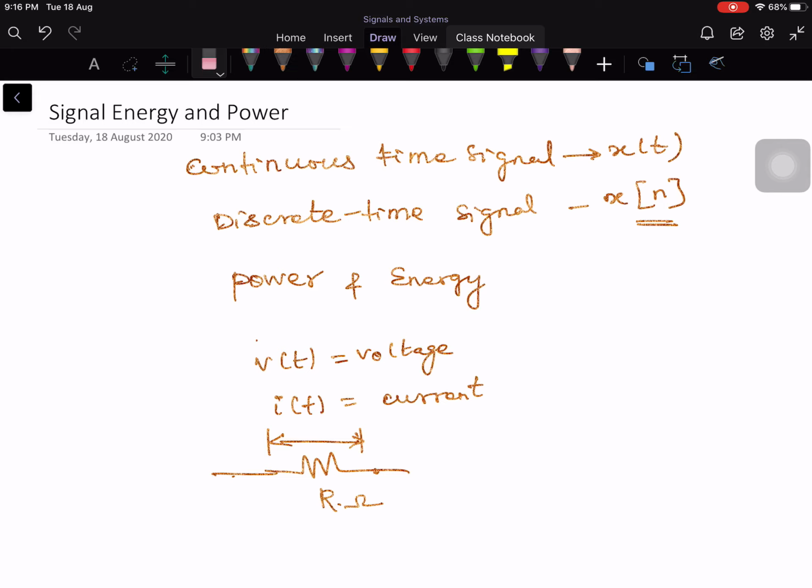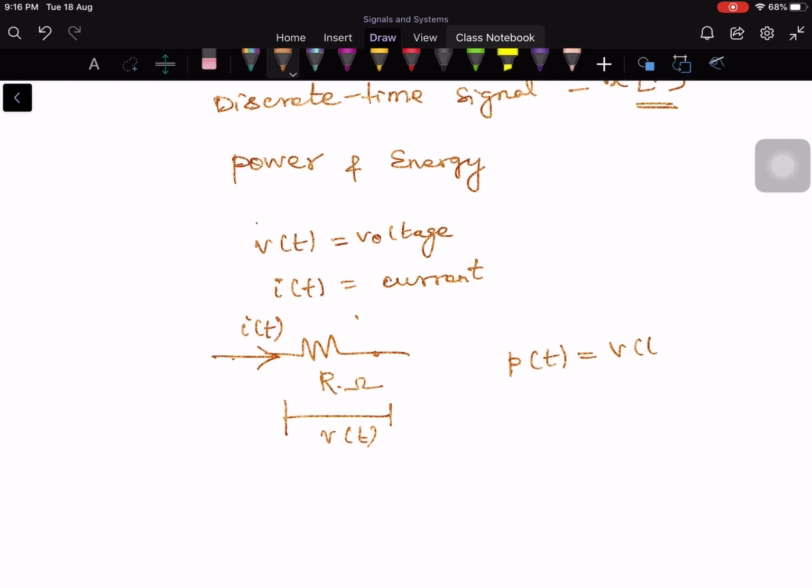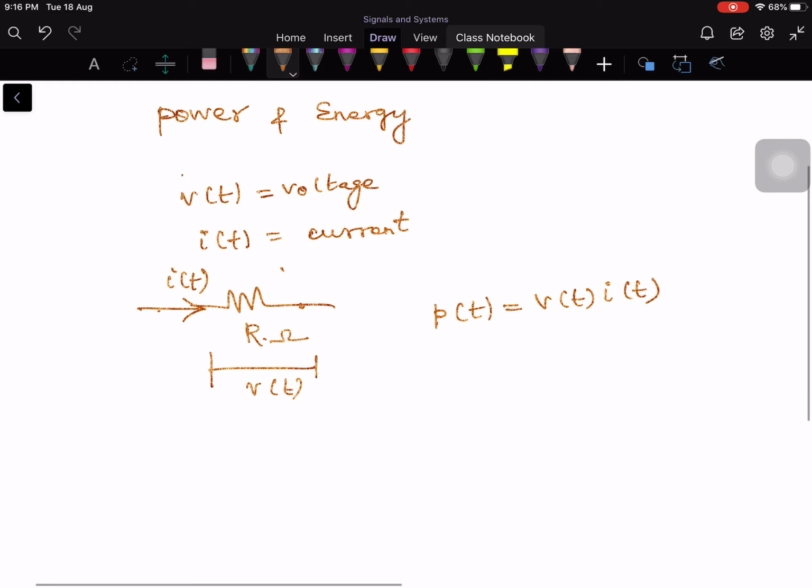Maybe I'll draw here. The current that flows through this resistor is i of t. Now the instantaneous power is defined as p of t equal to v of t times i of t.